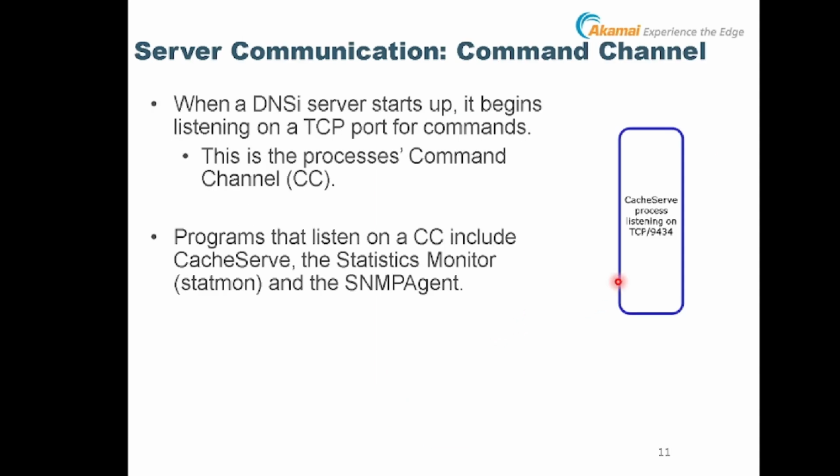The command channel, so here's CachEserve's command channel, runs on a different port than AuthServe's command channel, but otherwise it is identical. So everything you know about command channels, about how you can create alternative command channels, you can make command channels listen on different addresses, what processes, what elements, what components will talk to CachEserve over a command channel.